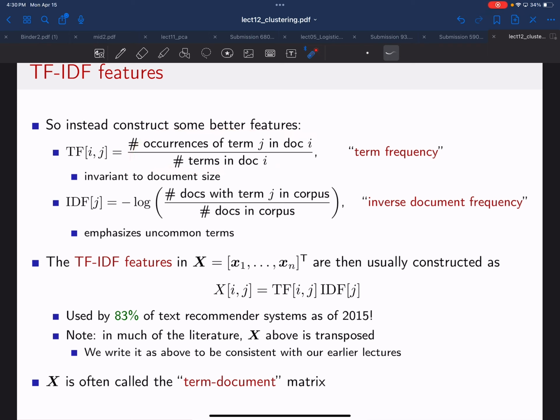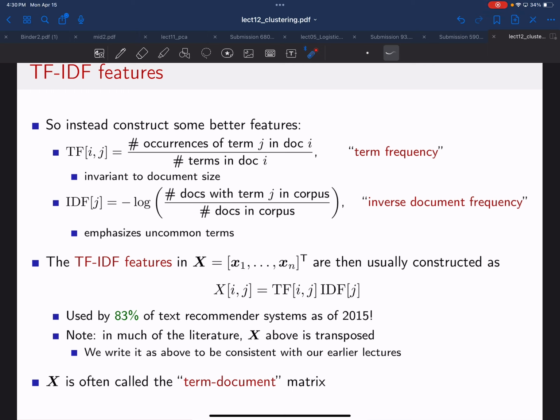In the extreme case, the document has one particular term and only one term, then you could get all the way up to 1. But this basically normalizes, for a given document, the value of each term somewhere between 0 and 1, and we can think of it as a term frequency. Okay, any questions on that?